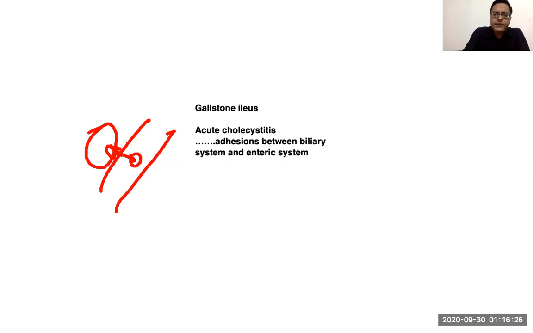The second part of the story in the development of this is the formation of a fistula. I'm going to write it down here. You need a fistula formation: cholecystoenteric fistula. And you know a fistula means an abnormal communication between two epithelialized surfaces.